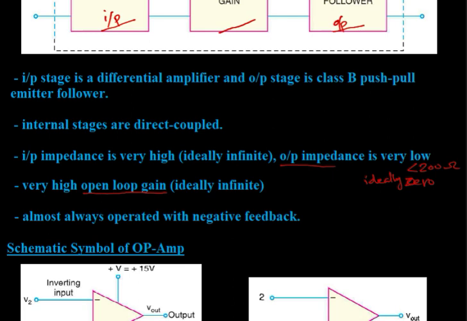The open loop gain of an op-amp is very high. For ideal cases, we take it to be infinite. For practical cases, it is usually greater than 10 raised to 5, that is greater than 100,000.